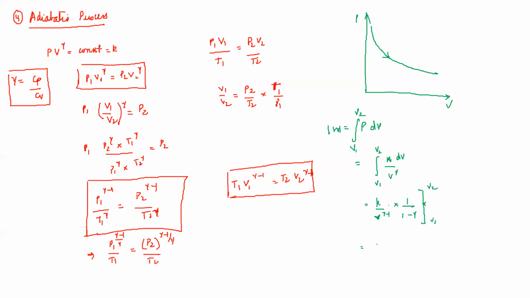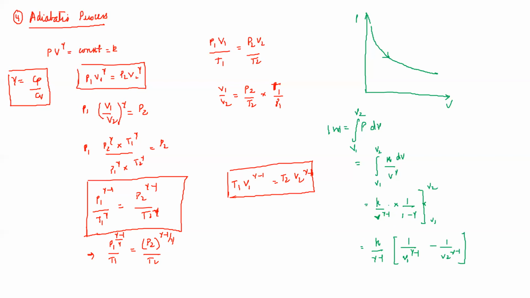So you will get this as K upon gamma minus 1, into 1 upon V1 to the power gamma minus 1, minus 1 upon V2 to the power gamma minus 1. I have taken this minus outside, so in place of 1 minus gamma, I have taken gamma minus 1.